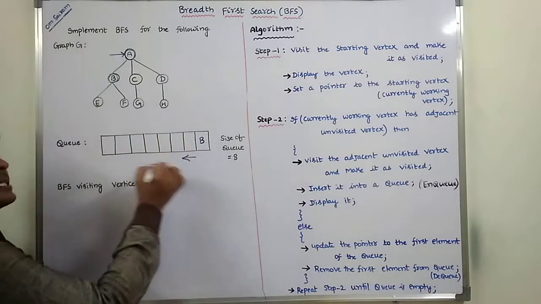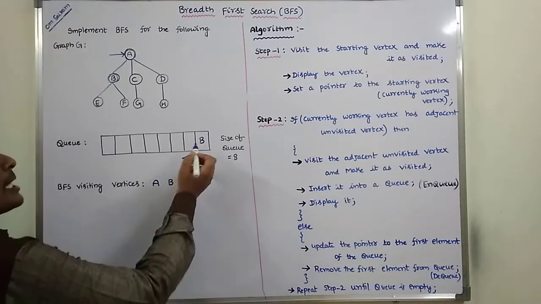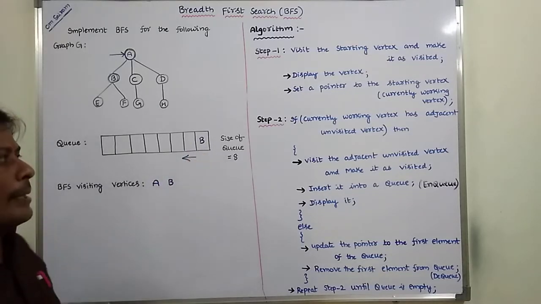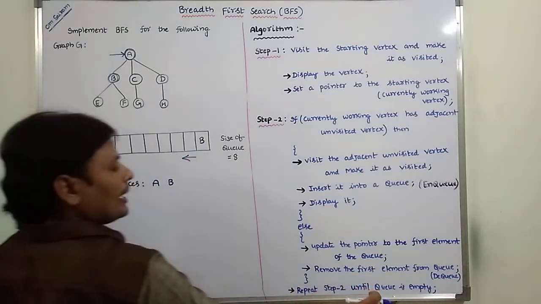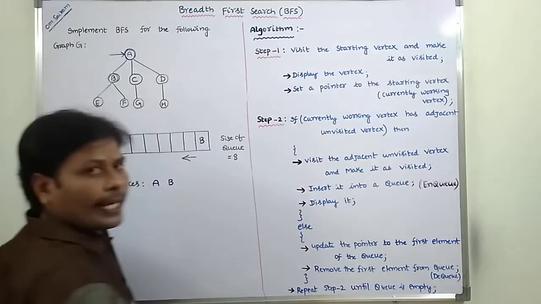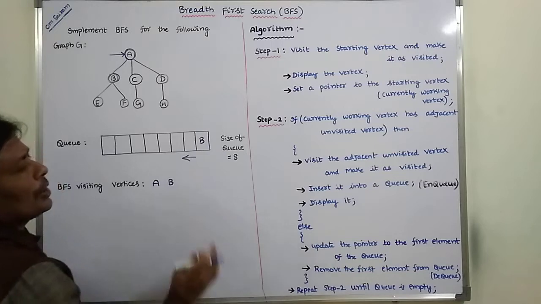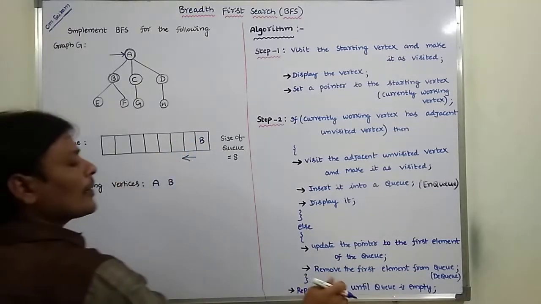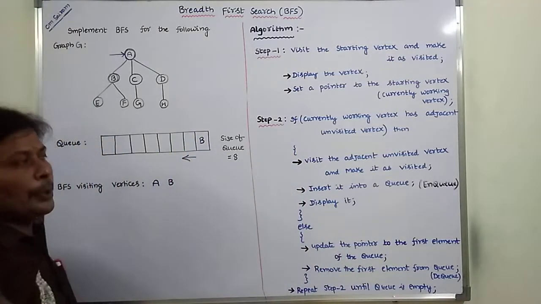Here, is Q empty? No, Q contains one element, capital B. So repeat step 2 until Q is empty. Q is not empty, so go to step 2.